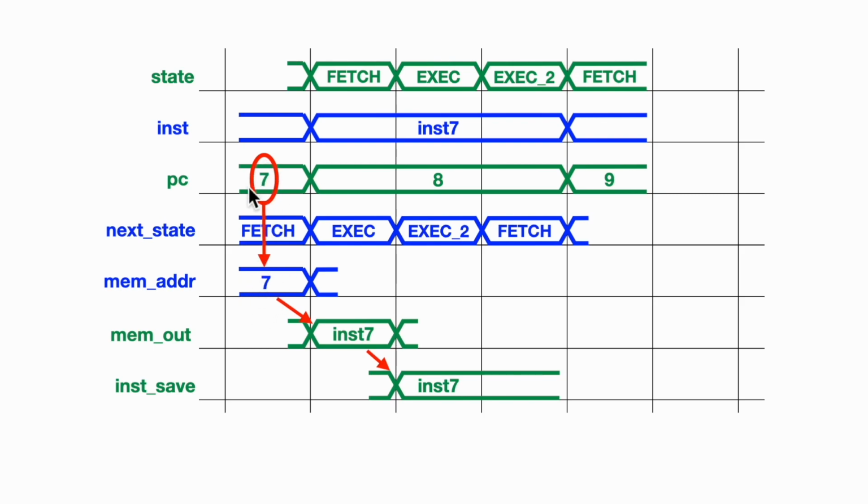But typically we feed the previous program counter into the memory, and at the same time we always increment the program counter, so you can see that happening here. And so during the instruction that was fetched from address 7, our program counter will contain address 8 for the duration. That is, assuming it's not a branch or a call instruction.